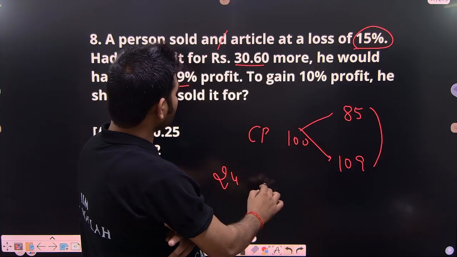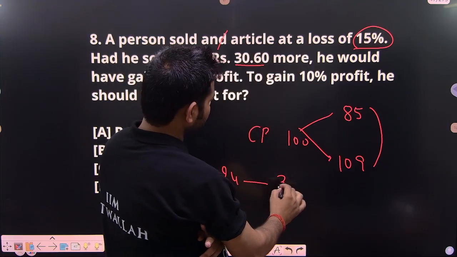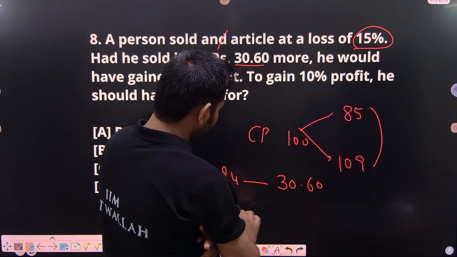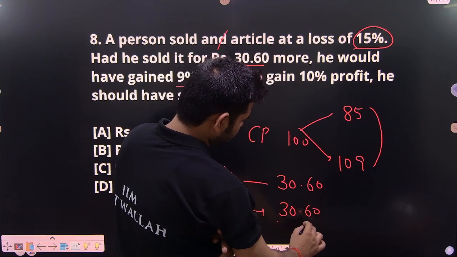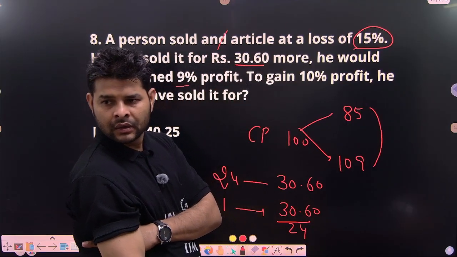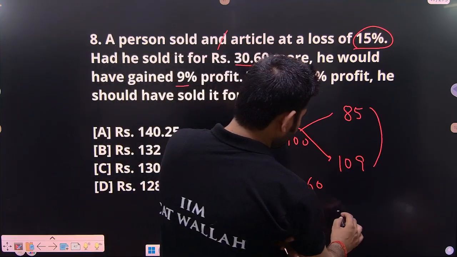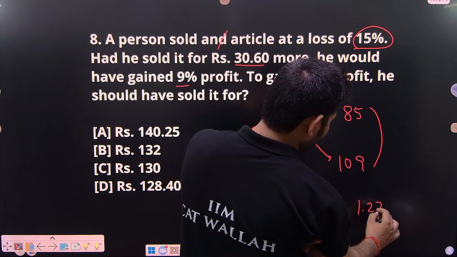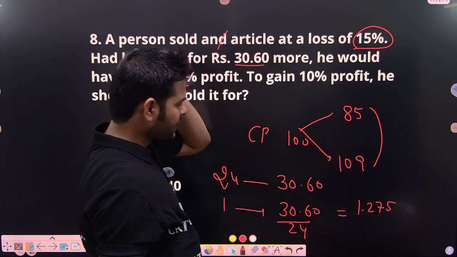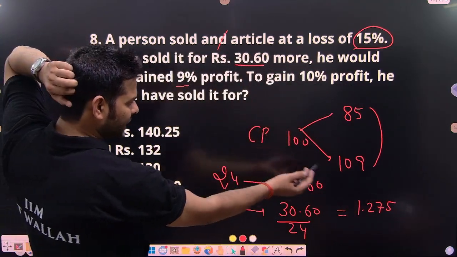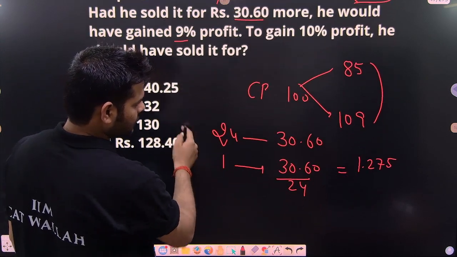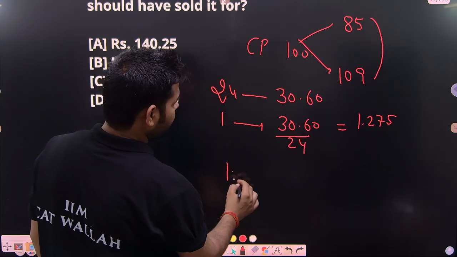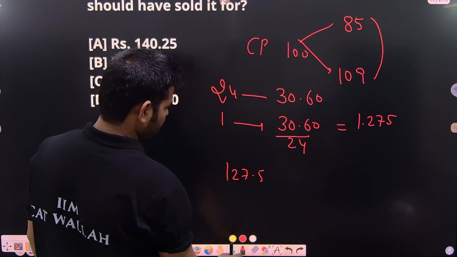That 24 is going to represent 30.60. So what would 1 unit cost, if you calculate? 1.275. So basically if you multiply by that number, the CP would be 127.5. This is CP.